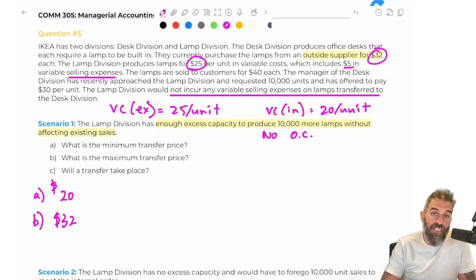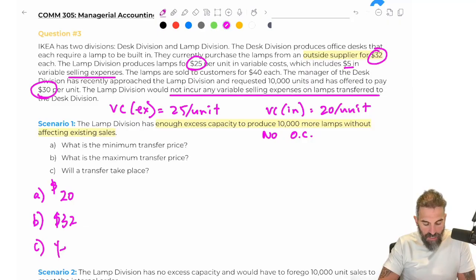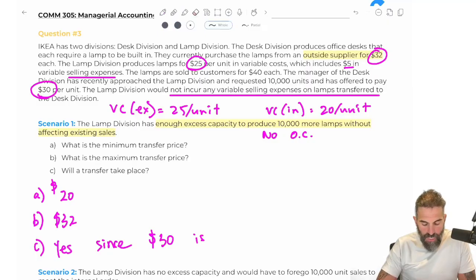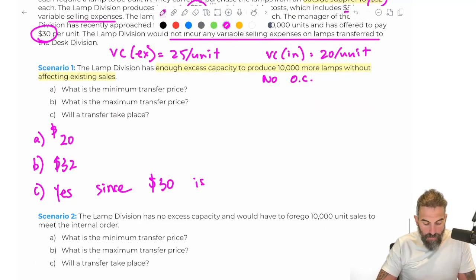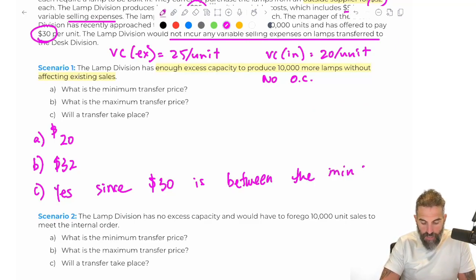Is a transfer likely to take place? Well, they offered $30, which is in between the minimum and the maximum. So I would say yes, since $30 is between the min and max.